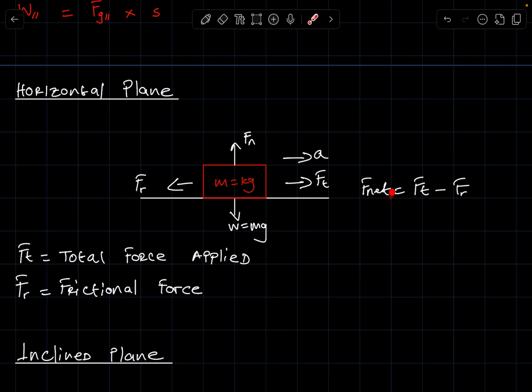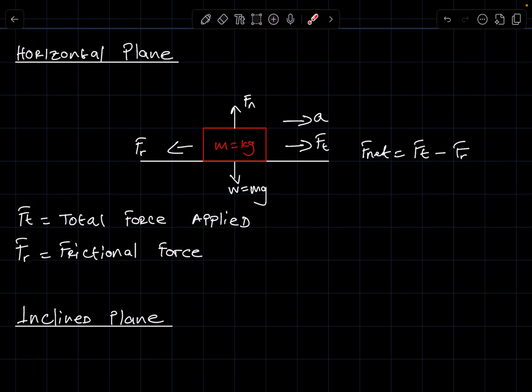Hence, the vector sum of forces for this scenario will be F net equals Ft minus Fr. F net is the resultant force, or the net force, Ft is the total force applied, and Fr is the frictional force. That is how we consider forces and their direction for an object moving along the horizontal plane.